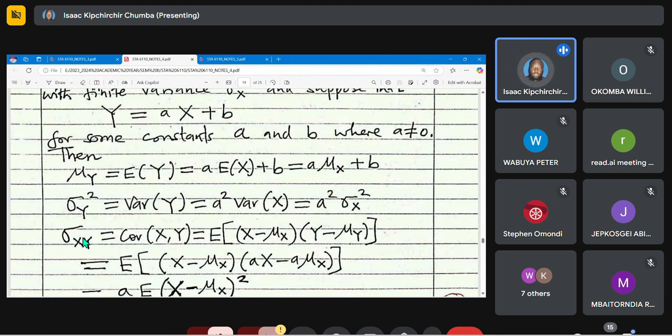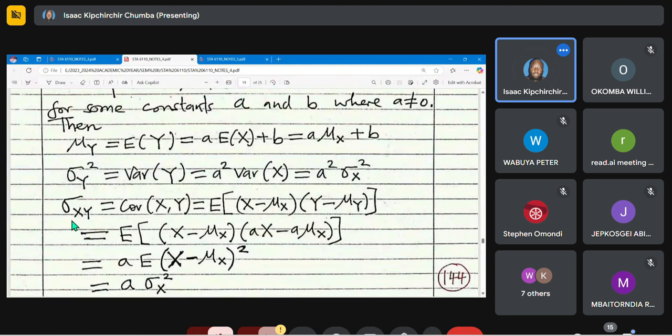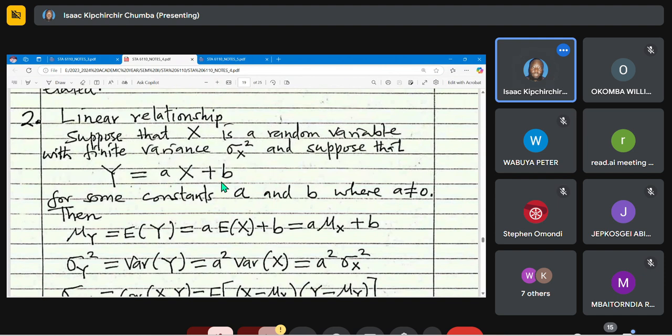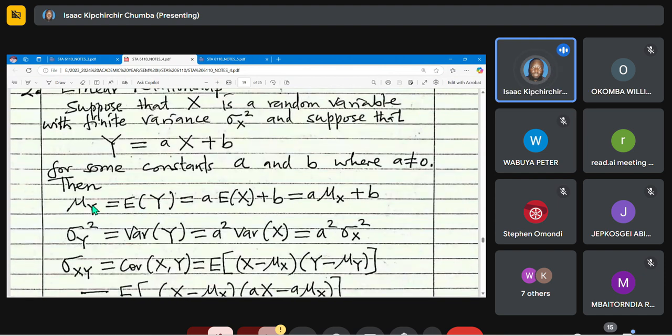So we want to find the covariance. Covariance of X and Y is cov(X,Y). This is how we defined covariance up there. So we have X minus mu X, and then for Y we have Y minus mu Y. Our Y is aX plus b, and mu Y is a mu X plus b.